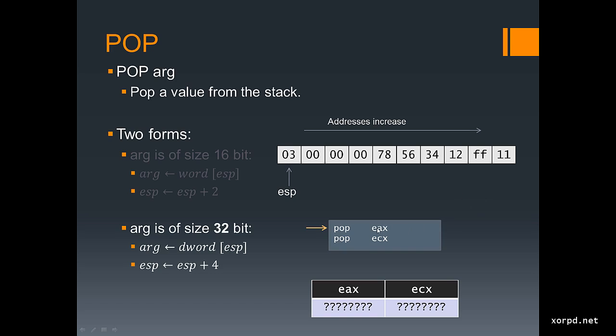We begin by popping into EAX, which means that the current value pointed by ESP inside the stack is going to be stored inside EAX. And as expected, we get that EAX gets the value 3. Next, we pop into ECX, which means that this value here is going to be stored inside ECX. And as expected, we get this value inside ECX.